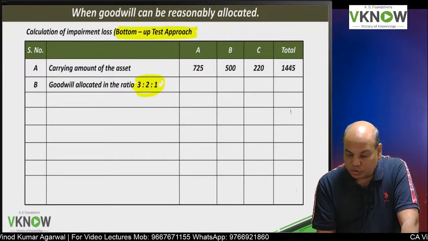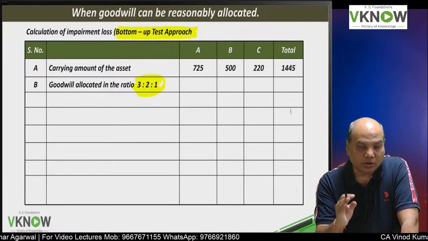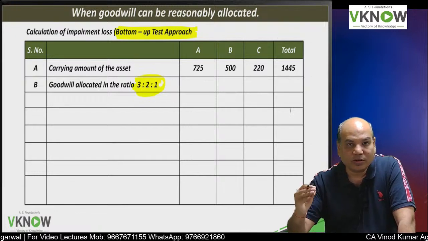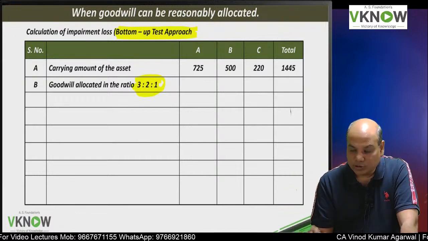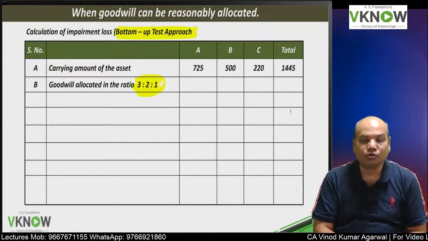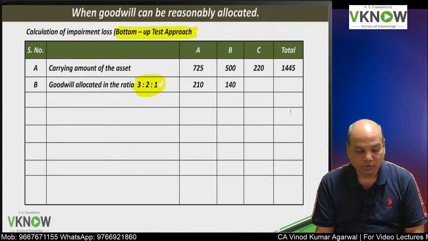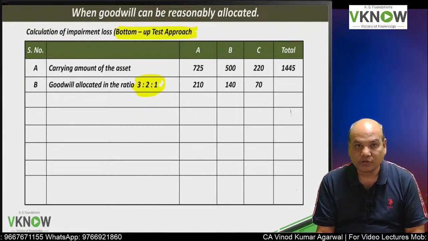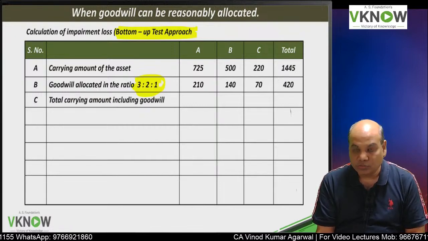This will give you a more appropriate allocation of goodwill. It is allocated on the basis of their respective fair value. So please allocate goodwill 420 in the ratio 3:2:1. So that comes to 210, 140, 70, 420, and then total carrying amount.